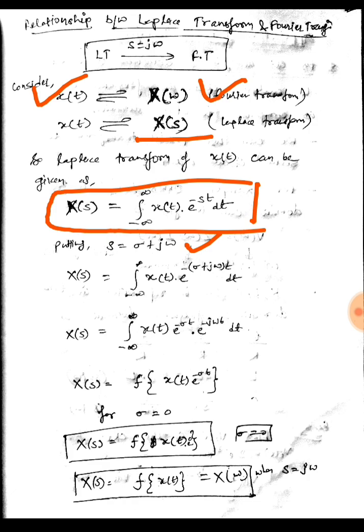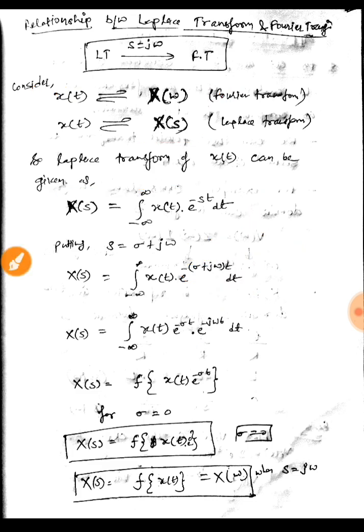Now if I put the value of s equal to sigma plus j omega, the expression becomes this one. Then I divide it into two components, that is, x(t) into e raised to power minus sigma t, multiplied by e raised to power minus j omega t. I have opened this bracket.